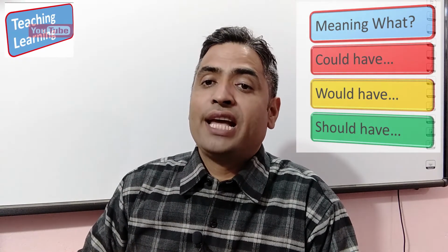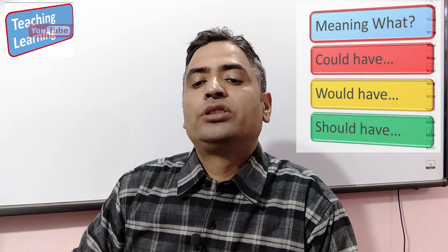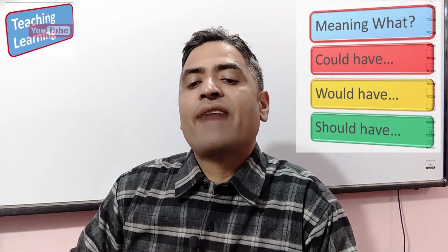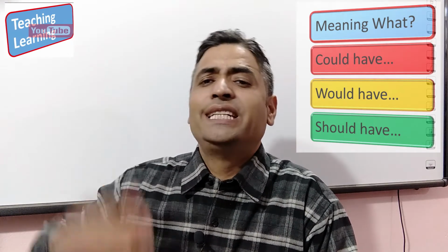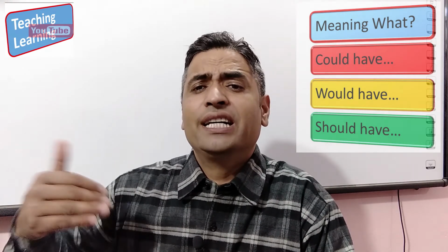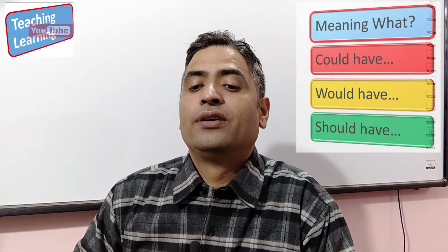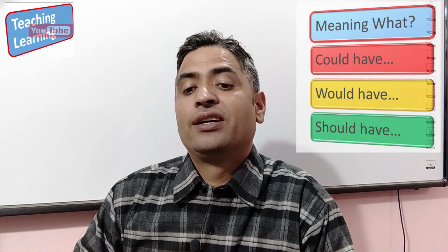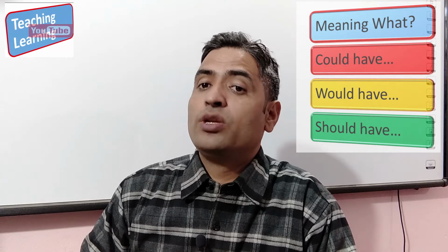That way we can use this structure. In a question we can say, could he have known about the story before it was published? Could he have read the story before it was published? Was there any possibility of reading the story before it was actually published?